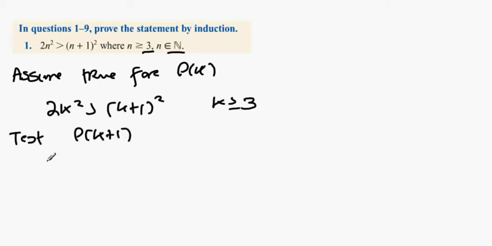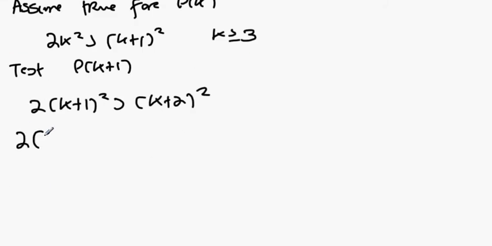Now, we test P of k plus 1, and what we're going to get is 2 times (k plus 1) squared greater than (k plus 2) squared. Now we're going to multiply this out, and we're going to get 2 times k squared plus 2k plus 1 greater than or equal to k squared plus 4k plus 4.